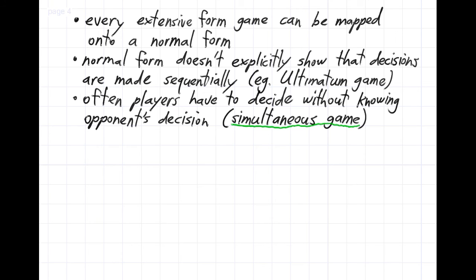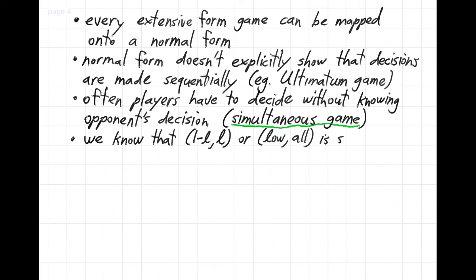So let's review a concept that we've talked about before, one of our solution concepts. In this ultimatum game, the normal form representation of it, we already know from our discussion of the ultimatum game before that the outcome 1 minus L, or equivalently, strategy offer low and accept all, that outcome is a subgame perfect equilibrium, SPE.